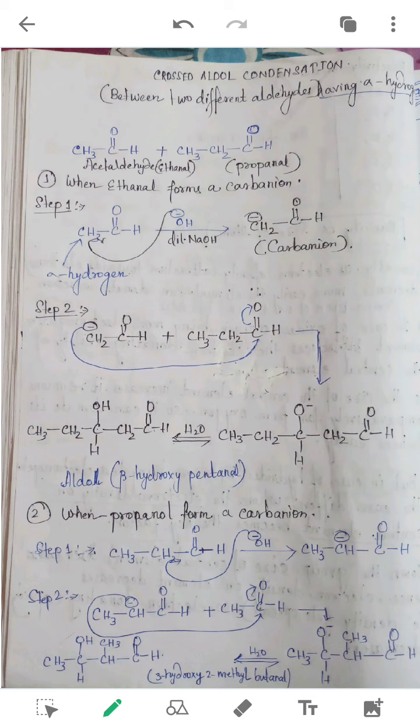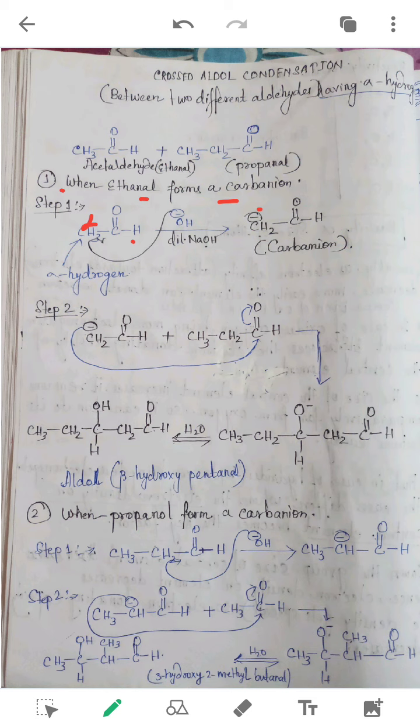Now next, when ethanal is forming a carbanion, let's see what happens. We take an ethanal molecule as we have taken here. We know the alpha hydrogens present over here will be abstracted by OH minus, and thus the carbanion will form. Now this carbanion is going to attack a different aldehyde.